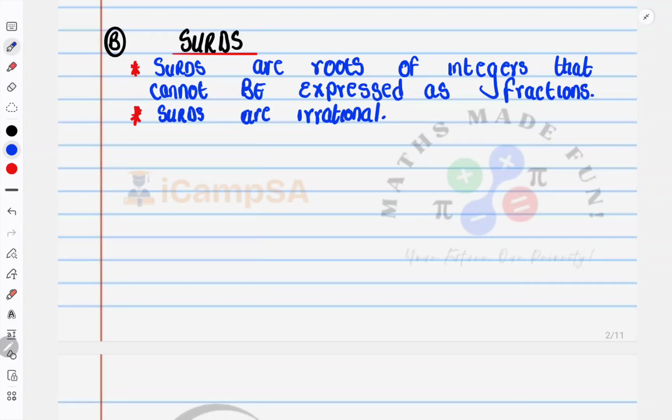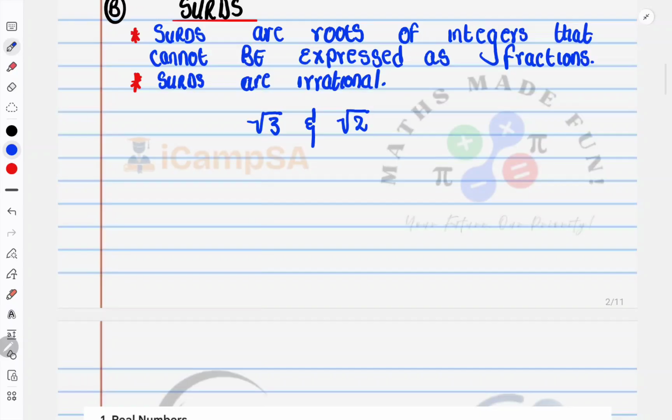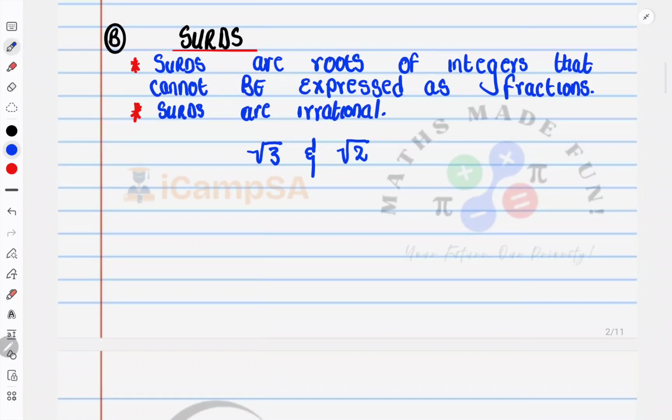And then a quick example of surds is the root of 3 and the root of 2. Those are your surds.